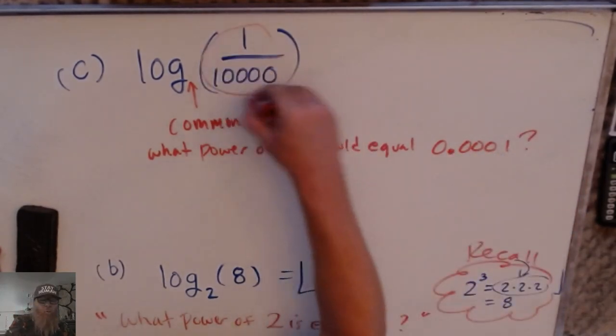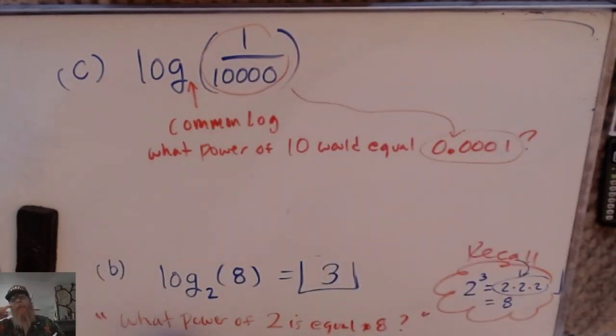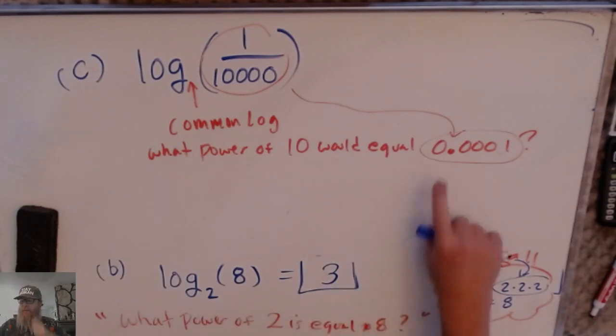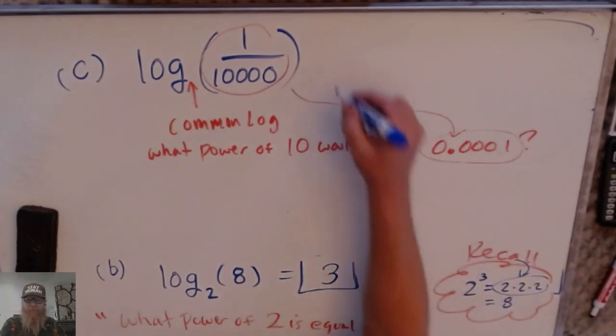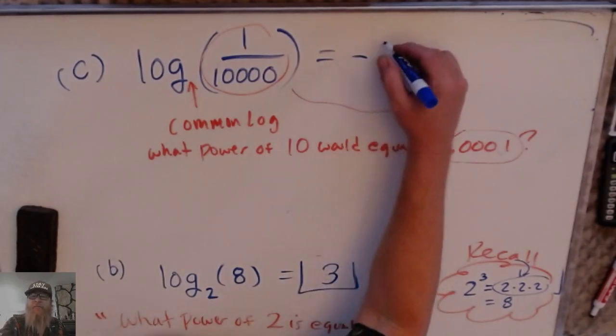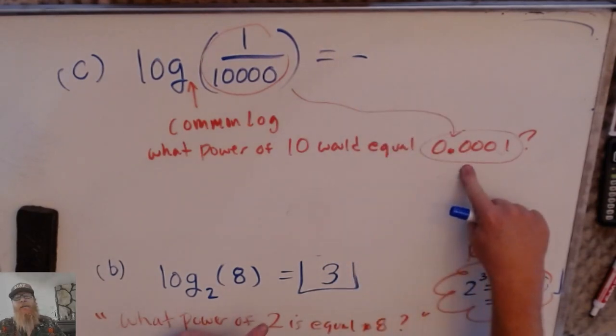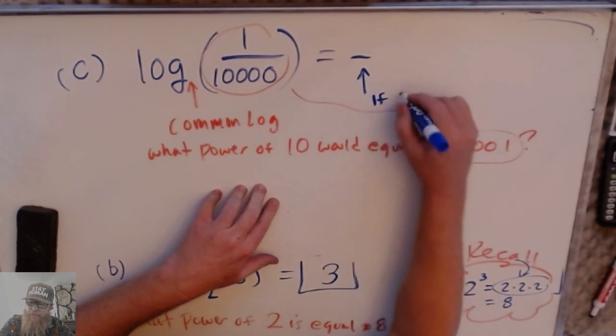Remember, 1 over 10,000 is the same as the decimal 0.0001. It would be negative because this is a decimal.